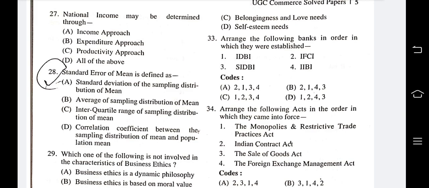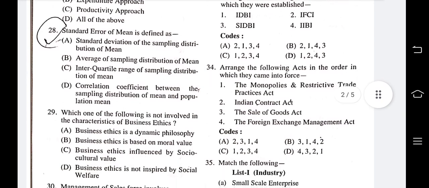Then 34. Arrange the following acts in the order in which they came in force. The Monopolies and Restrictive Trade Practices Act, Indian Contract Act, Sale of Goods Act, the Foreign Exchange Management Act.